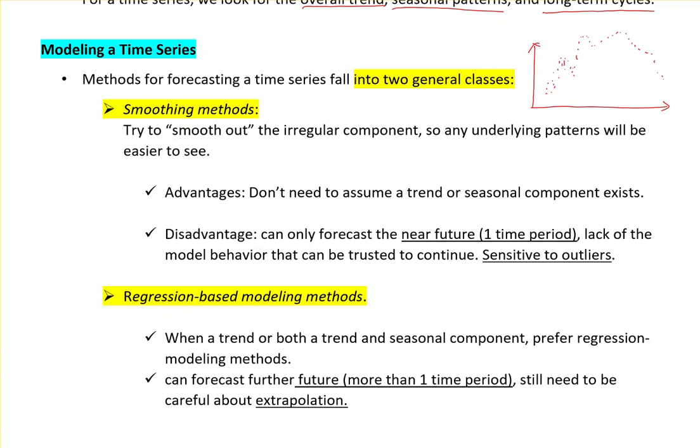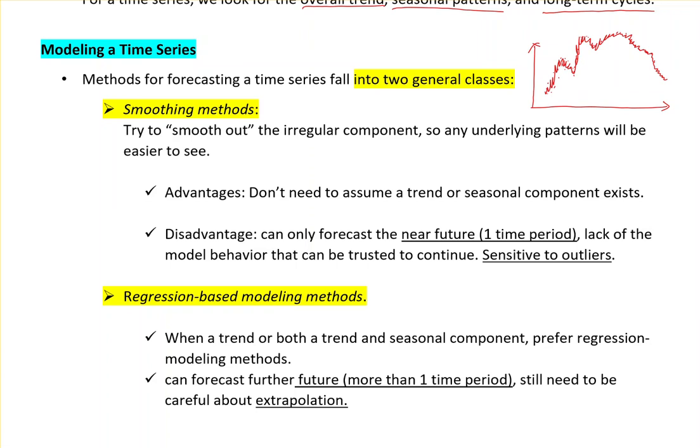In the end, for a time series, I can connect every point with lines, something like that. For the smoothing method, we want to smooth out the irregular component so that the underlying patterns will be easier to see.